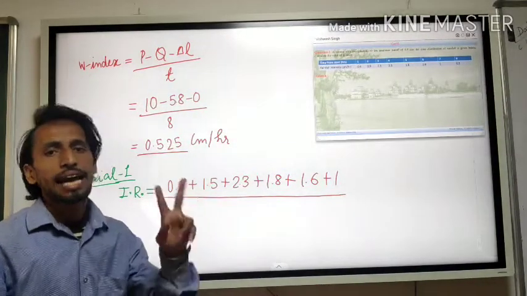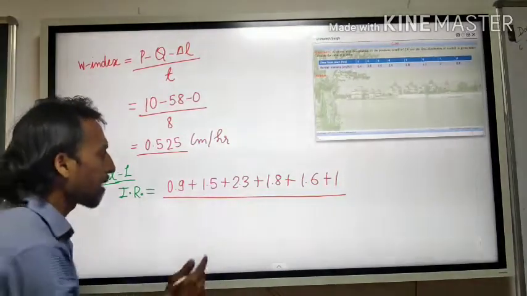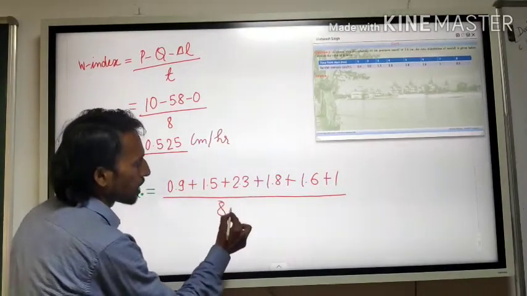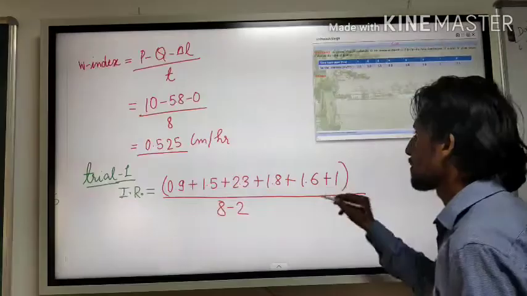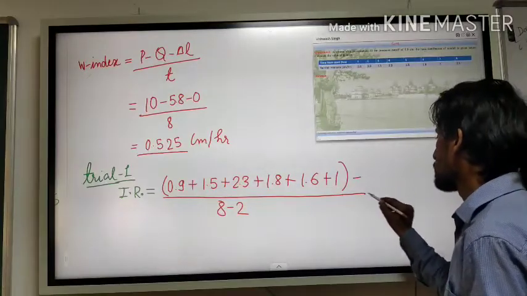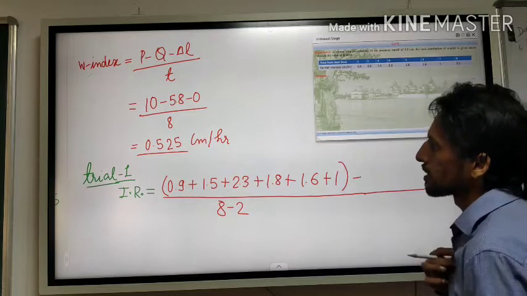Two areas have two hours, so you just have to remove 2 hours. Then you can calculate precipitation, and you have to remove the runoff.